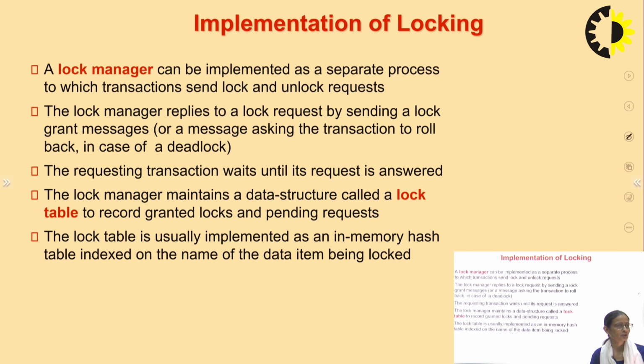The lock manager maintains a data structure called a lock table, which records all the granted locks and pending requests. The lock table is usually implemented as an in-memory hash table indexed on the name of the data item being locked.